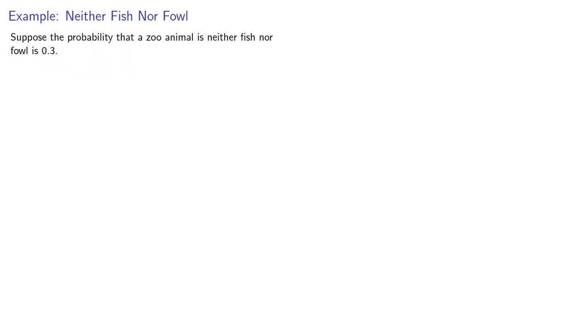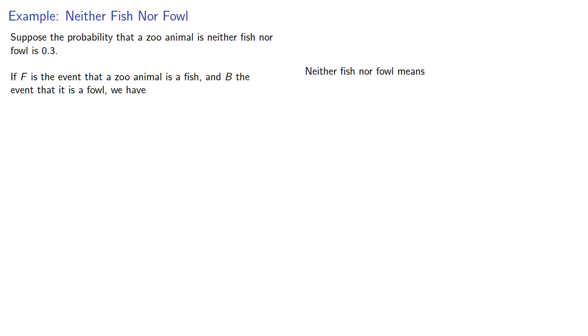For example, suppose the probability that a zoo animal is neither fish nor fowl is 0.3. So if F is the event that a zoo animal is a fish and B the event that it's a fowl, then neither fish nor fowl means not a fish, F complement, and not a fowl, B complement. And so this event is F complement intersect B complement.